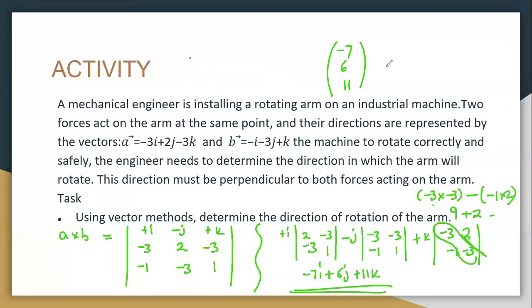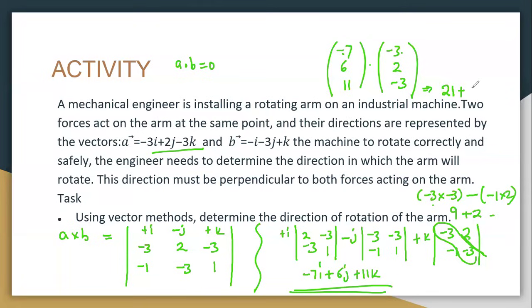Is that fine? Yes, teacher. Now, one of the vectors we have here is -3, 2, and -3. For two vectors to be perpendicular, when I get A dot B, the answer must be 0. Is that fine? Yes, teacher. So when we dot these two vectors, we shall have -7 times -3, Shakira, do the math, which gives us 21.